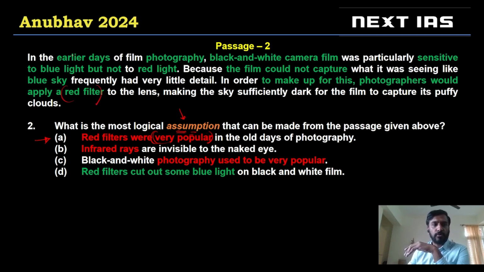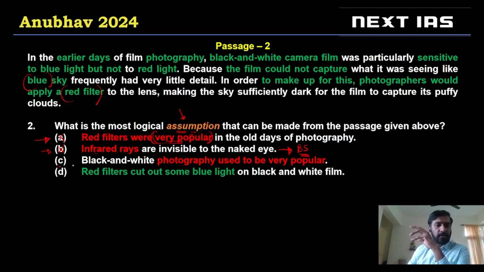Red filters were used to capture blue images, but we can't say they're very popular. Infrared rays are invisible to the naked eye. This may be a standalone fact as it is, but it's not discussed in the passage at all, right? So option A and B are incorrect. We can categorize option B as beyond scope of the passage.